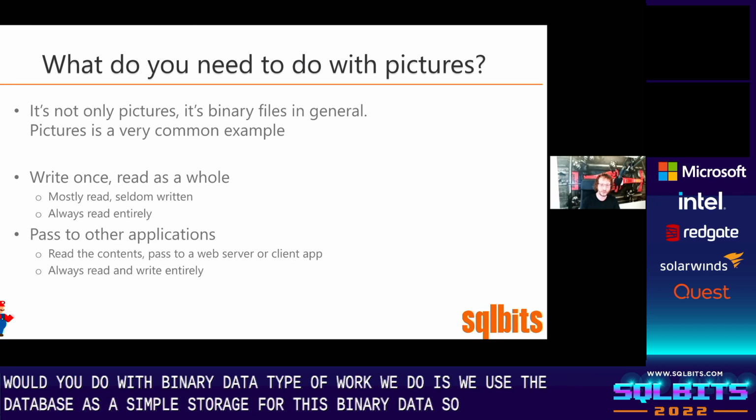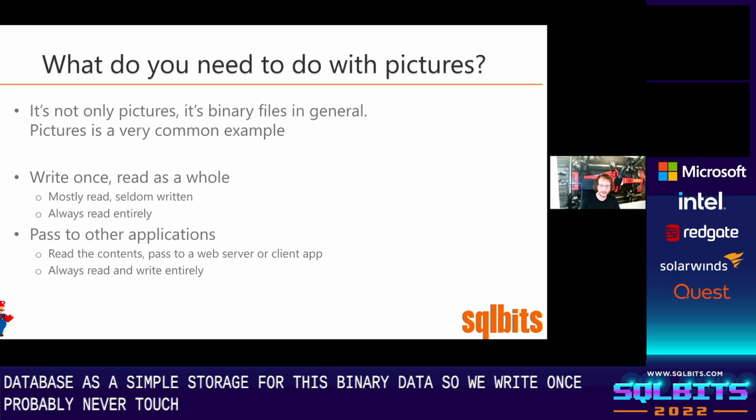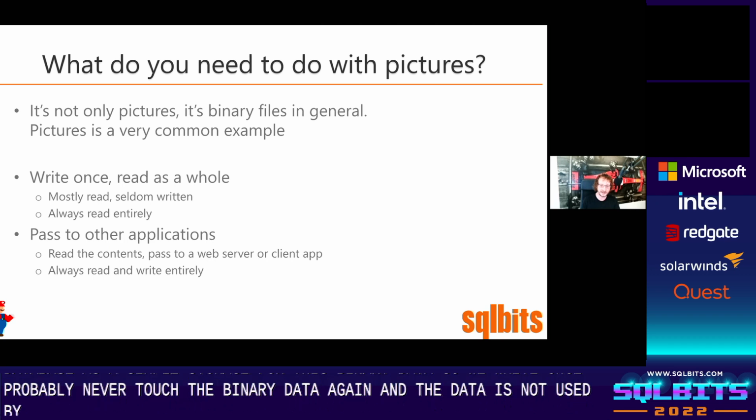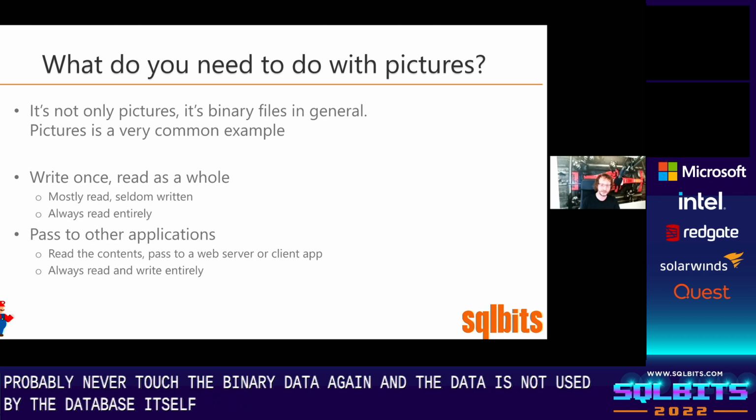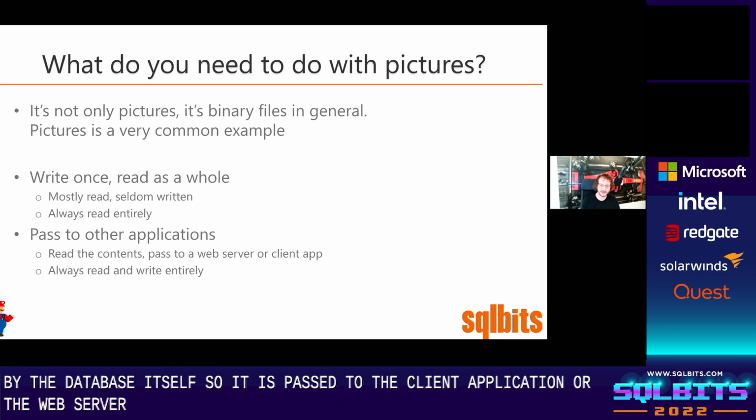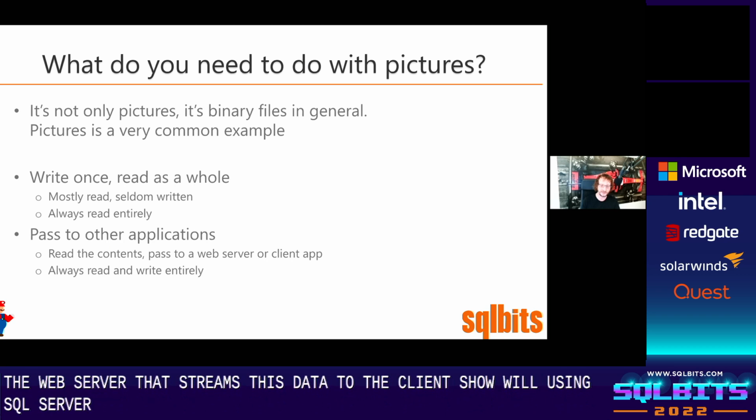So we write once, probably never touch the binary data again. And the data is not used by the database itself. It is passed to the client application or the web server that streams this data to the client. So we're using SQL Server as if it was a file system, which it is not.